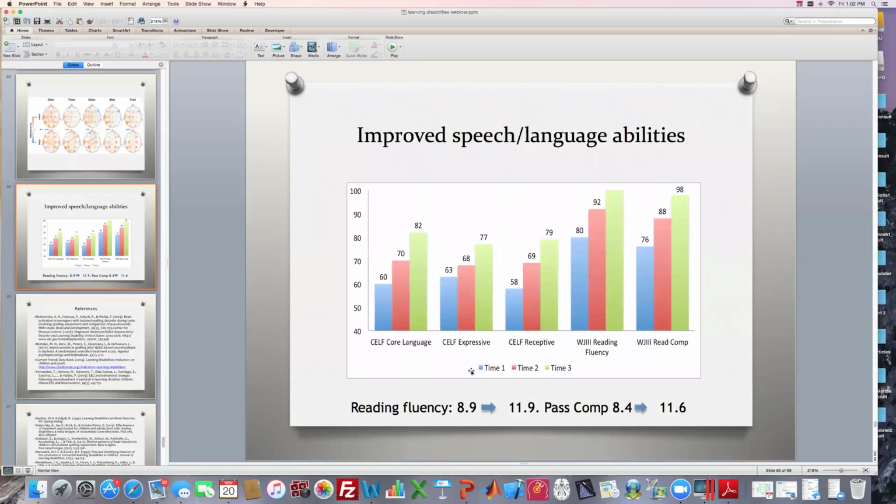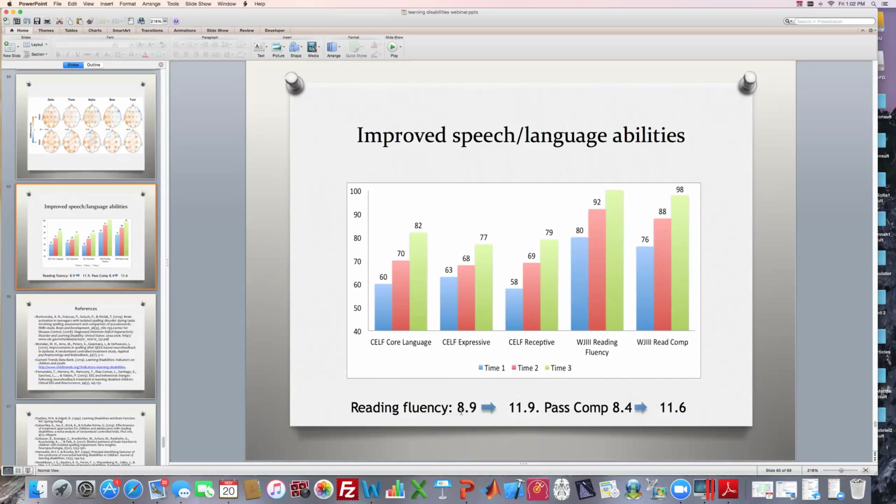These are changes from pre to time 1 to time 2, so a total of 25 sessions, in language scores, most of which get very close to normal, and reading comprehension scores, which by the end pretty much are within the norm. Remember, she was 12 years old.